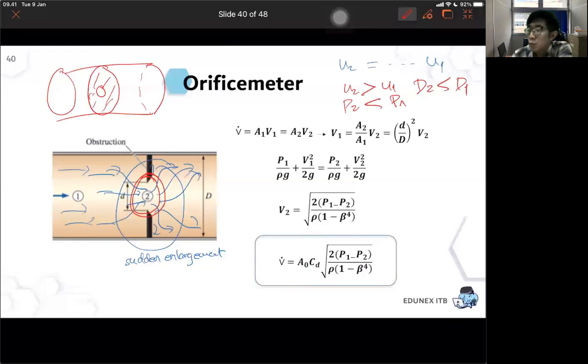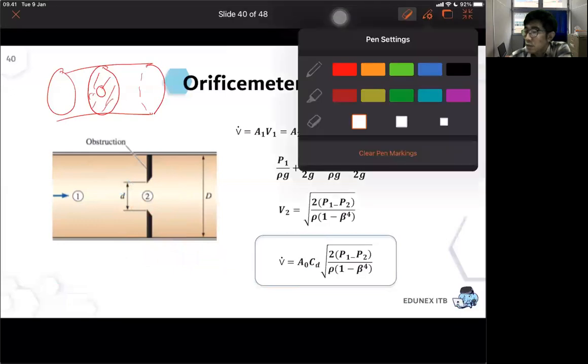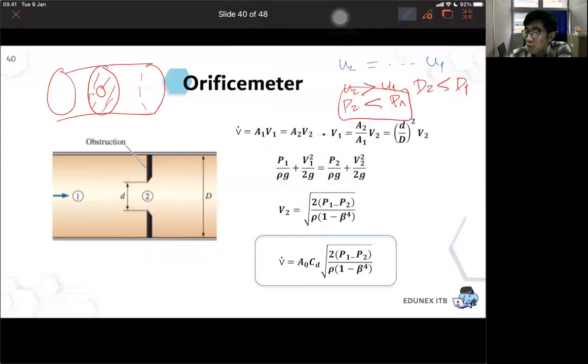Okay, because we will have a pressure difference, how do we calculate the flow rate by using the orifice? Basically, in the orifice, you just install the manometers here. And then you fill the manometers with some fluid, so it will show the height difference.